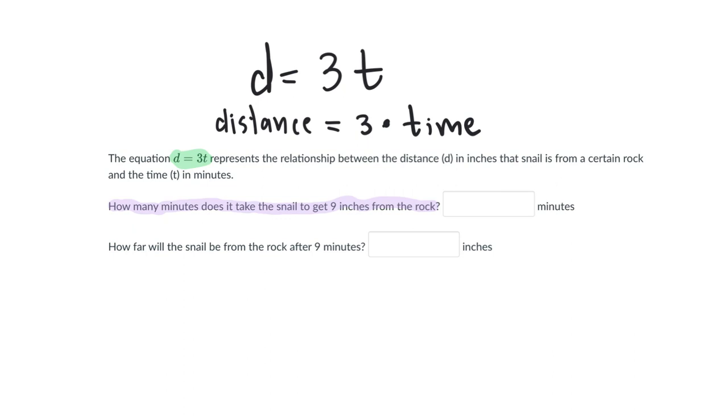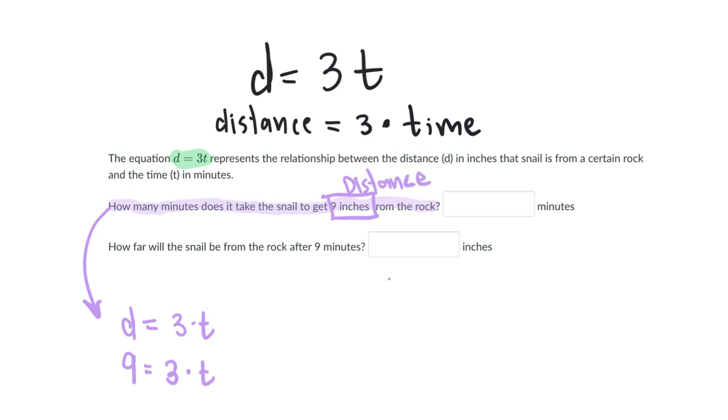Well, in purple, we'll do this one here. It says if our distance is equal to 3 times t, and we're trying to figure out how long it takes to get 9 inches from the rock, I'm going to put 9 in for my distance because 9 inches is a distance. So what I want to do is I want to figure out how to solve this problem.